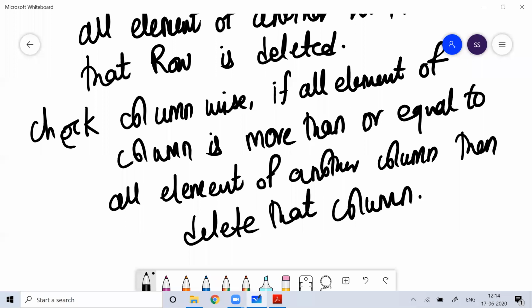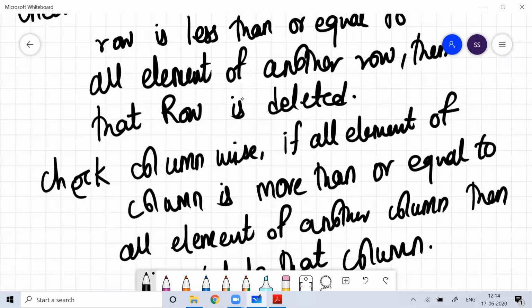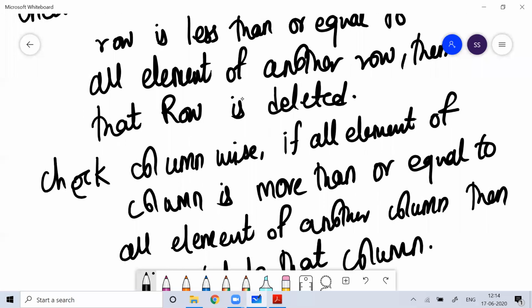Okay, so you have to do row wise and column wise, and you have to delete rows and columns. That row you will delete where all the elements of that row are less than or equal to all the elements of another row.